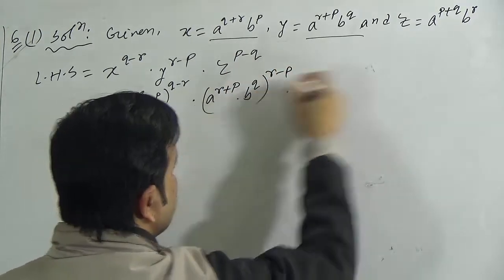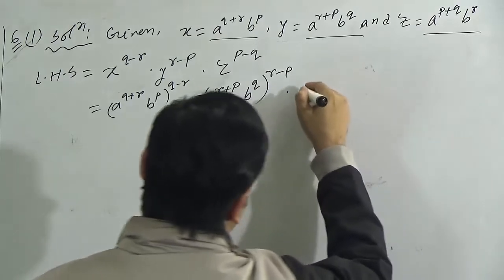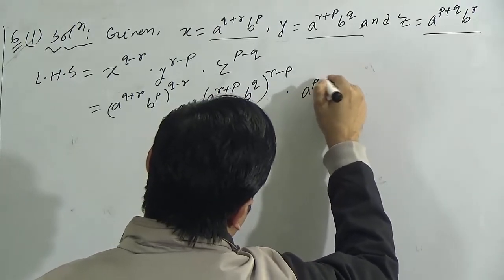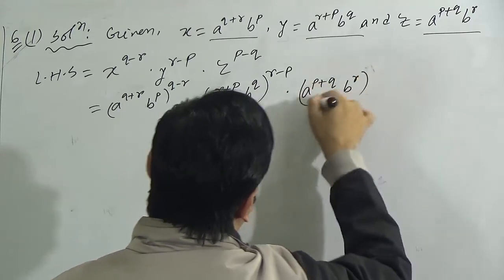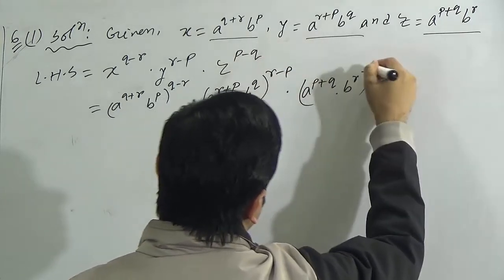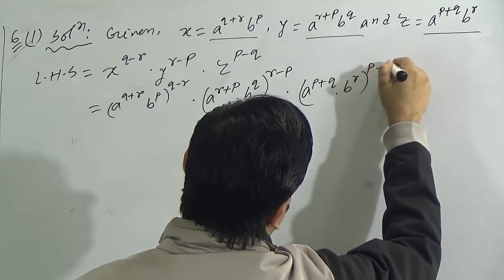Now put the value of z, here the value of z is a to the power p plus q into b to the power r, whole to the power p minus q.